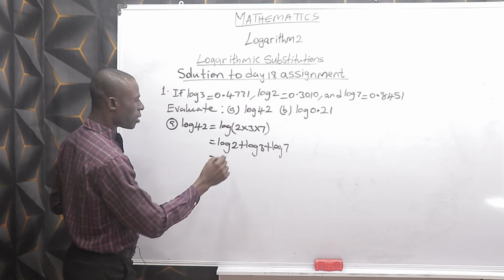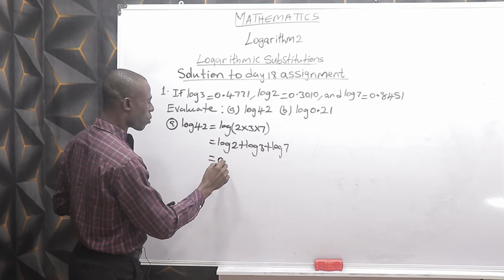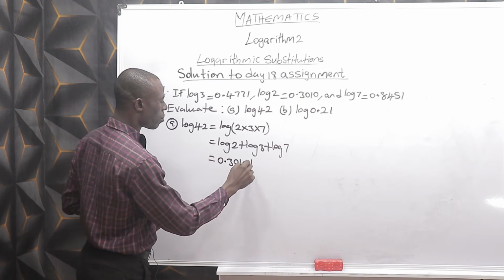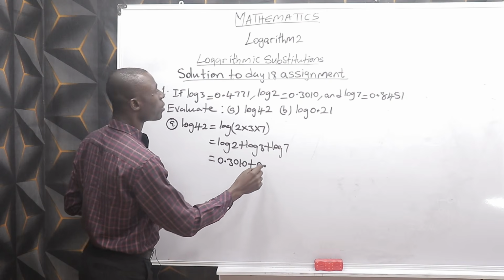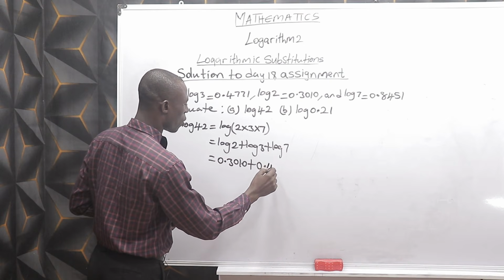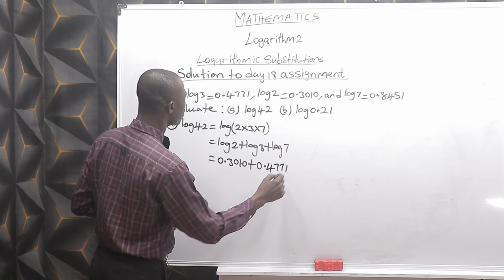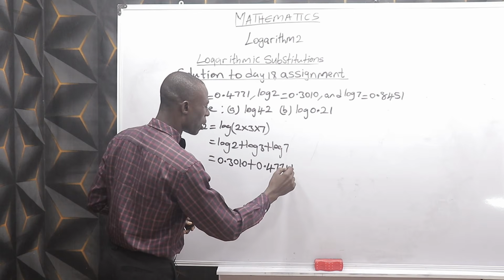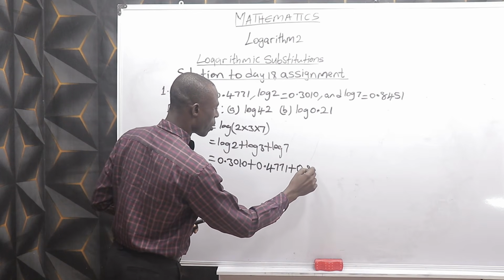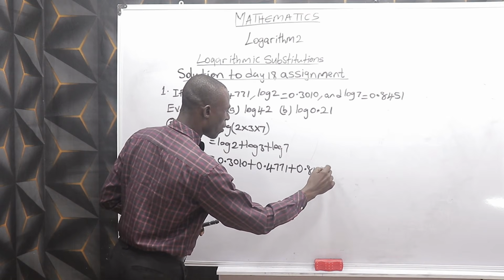So substitution is the next thing. Log 2 is 0.3010 plus, for log 3 now, 0.4771 plus log 7, that is 0.8451.